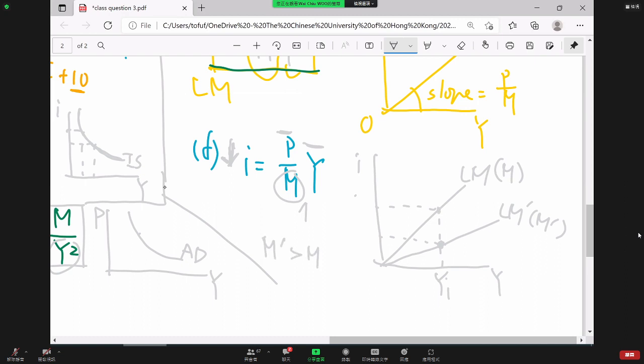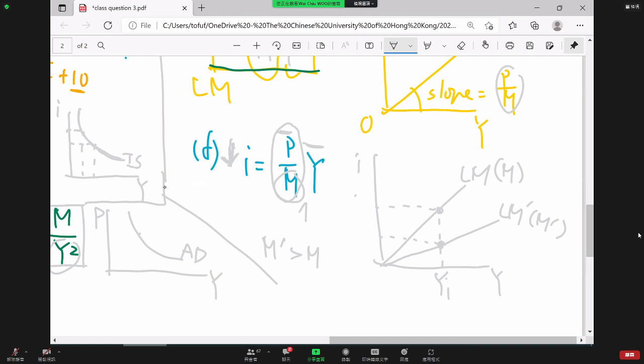Okay? And of course, if you look at this, not only will it shift down, the slope will also decrease because the slope is P over M. And now P is the same, P is divided by a higher M. So the slope value will also be lower. And so you will have a flatter LM.